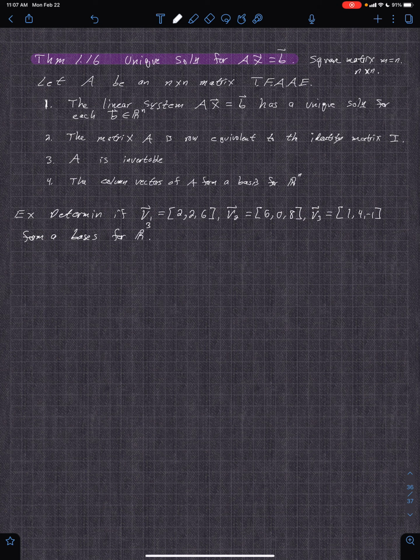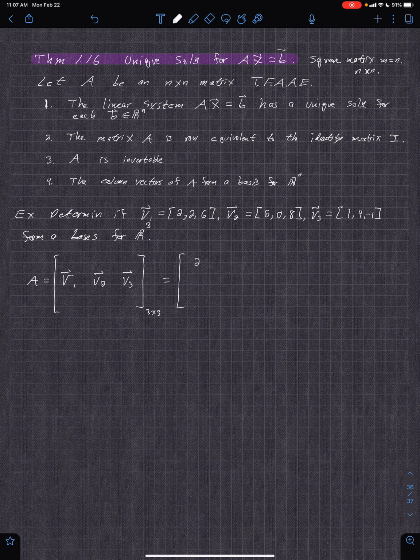So let's do that. I'm not going to show all the steps. If I ask you to do it, show it, but you can always check it. It's pretty straightforward. So let me write the column vectors down like this. You're putting in column vectors V1, V2, and V3, and that would be a 3 by 3 matrix.